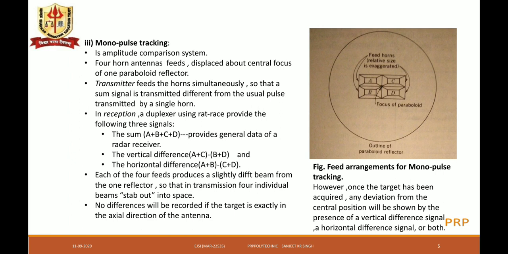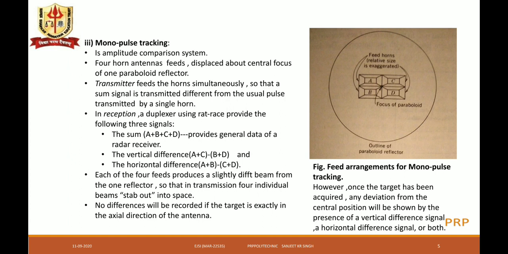Whereas during reception, a duplexer using a rat race ring, which is one of the waveguide sections we have covered in the first chapter, can be used as a duplexer, and it provides the following 3 signals. What are those? It provides the sum signal, that is A plus B plus C plus D, which will be providing general information of a radar receiver from the target. After receiving the signal from the target, it gives the general data.